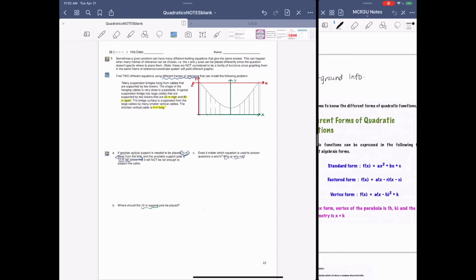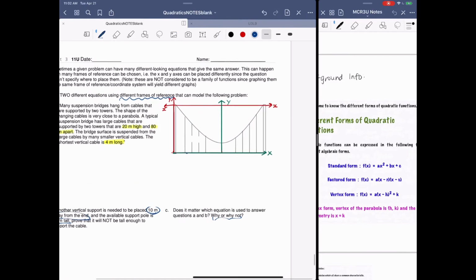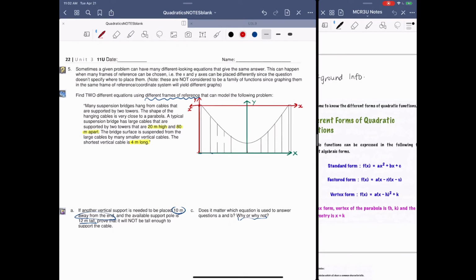Okay, so what this means is for this suspension bridge example, where you have 2 towers at the end, there might be different ways of looking at it. Where are you going to put the origin to be? So I have my red version and my green version. My red version says, well, let this be the origin.